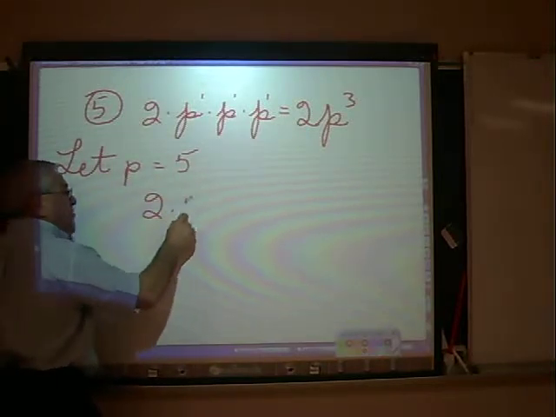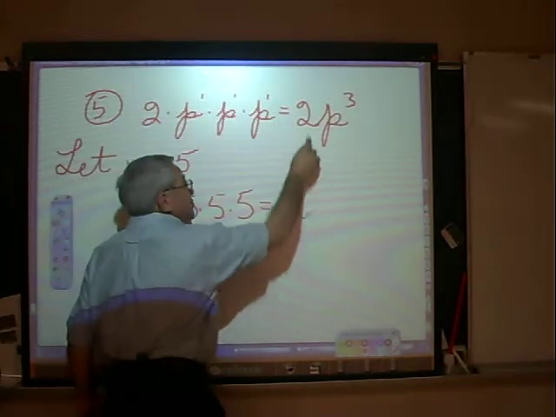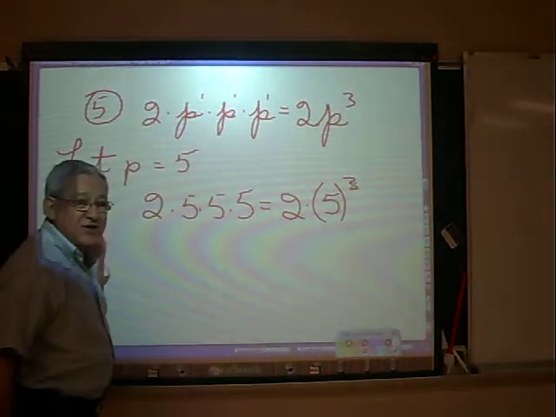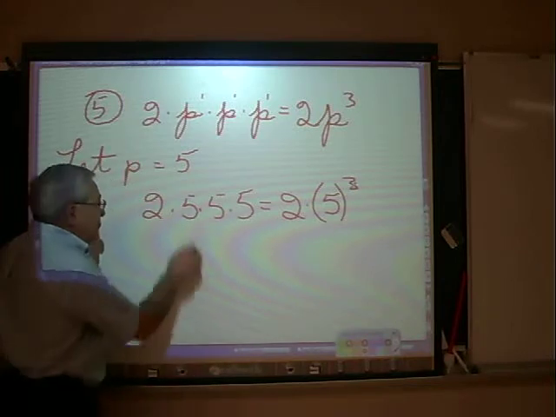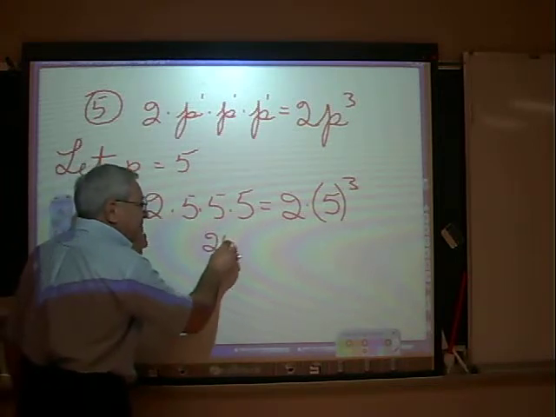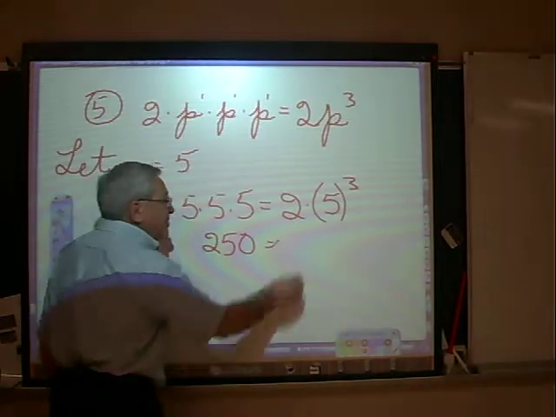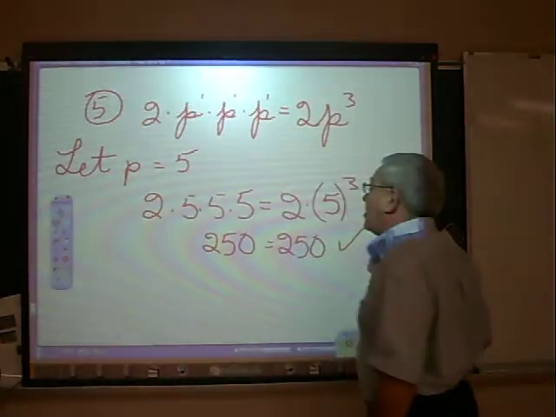We'd have 2 times 5 times 5 times 5 equals 2 times 5 cubed. Well, we'll see if this is actually true. 5 times 5 times 5 is 125. 2 times 125 is 250. This problem look familiar? 5 cubed is 125. 2 times 125 is 250. So we've checked our work.